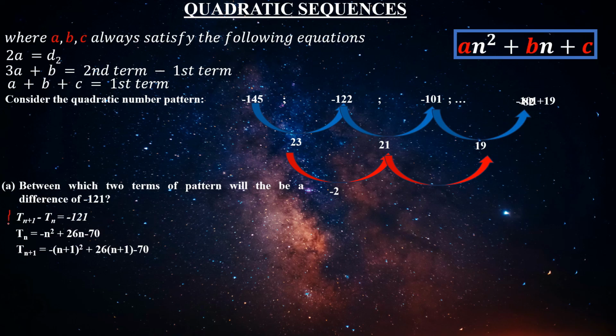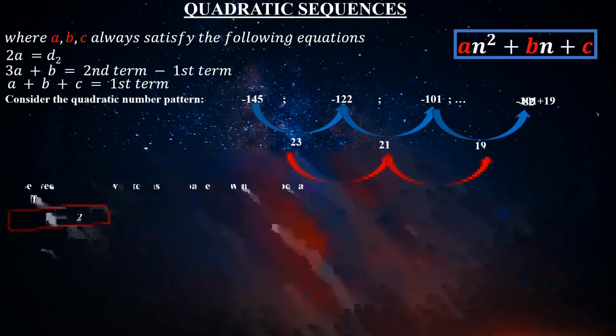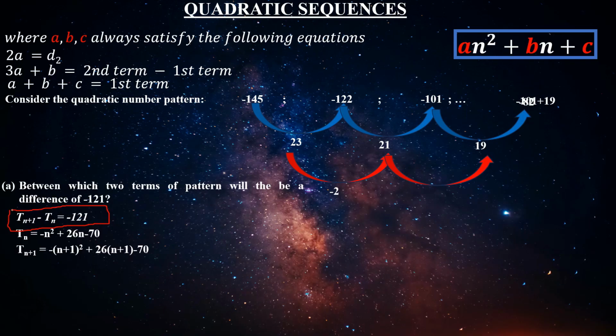So if we look right here, you can see we have Tn plus 1 and minus Tn. So let's do that: Tn plus 1 minus Tn, and let's substitute what we have right here. This one is Tn and this one is Tn plus 1. So we substitute Tn plus 1 from here and Tn from here.